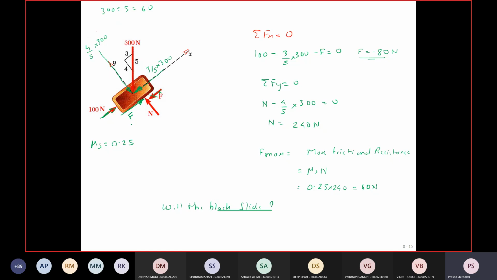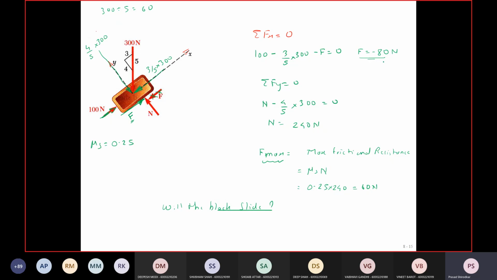So I have got the direction of the frictional force actually is upward. Are the applied force, friction and the rest neutralizing each other, so the block will not move? No, they are not neutralizing. The frictional resistance required will be more than this 80 newtons.